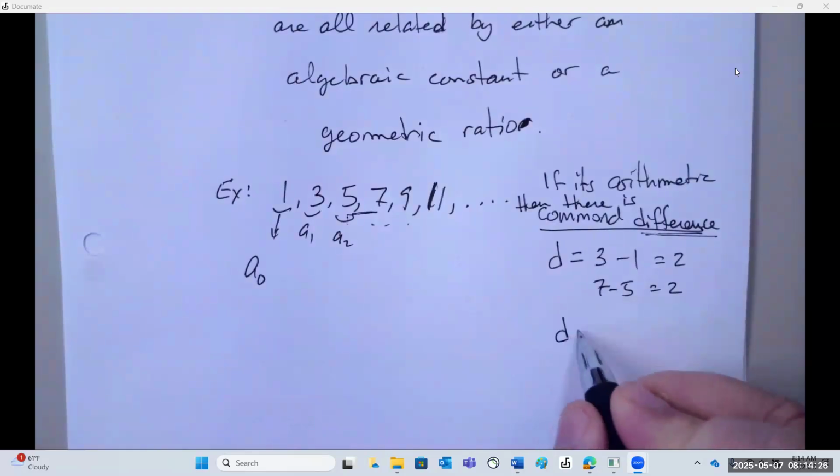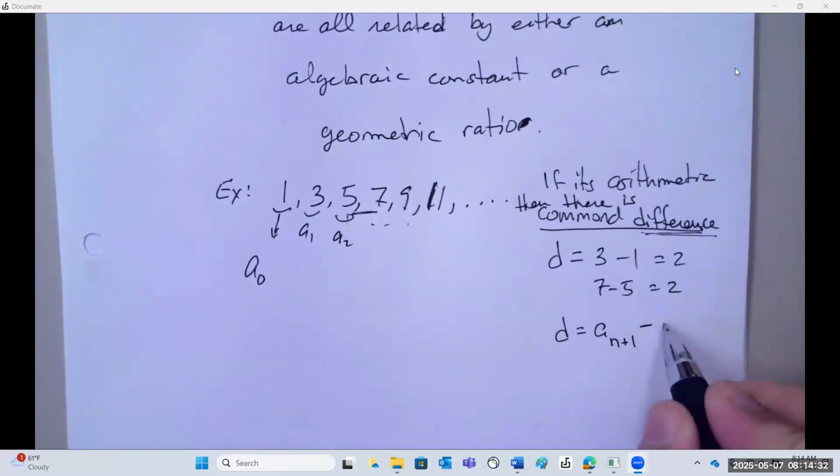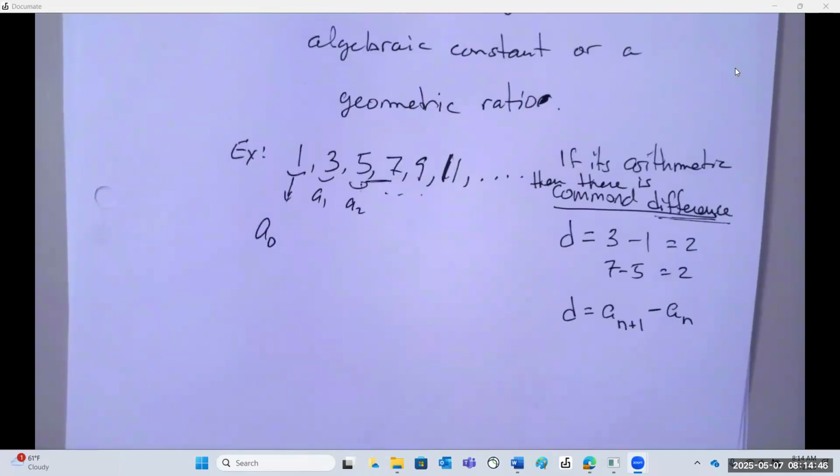So the difference is always the bigger one minus the smaller one, next to each other in a sequence.